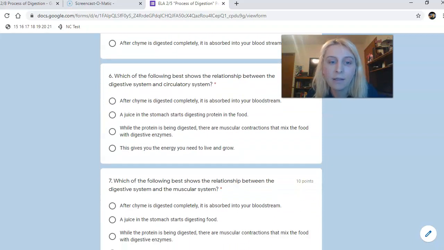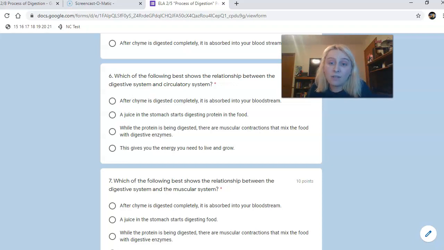Number 6, which of the following best shows the relationship between the digestive system and the circulatory system? So this one, you got to have that knowledge that we've been building in science, okay? Knowing that the digestive system is breaking down food into molecules that the body can use for energy.